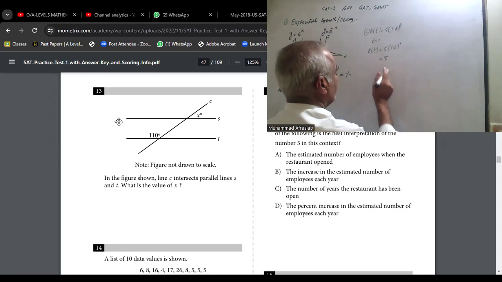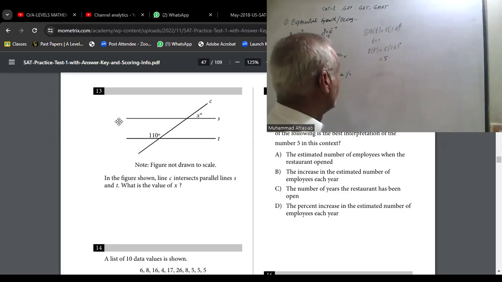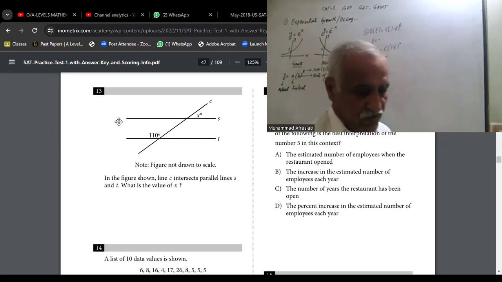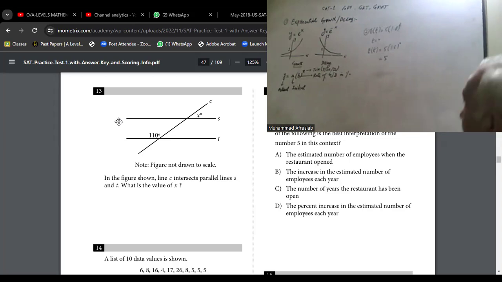That means it is just opened when this estimation of the restaurant is being calculated. So the answer is the estimated number of employees when the restaurant just opened. So choice A is the correct answer.